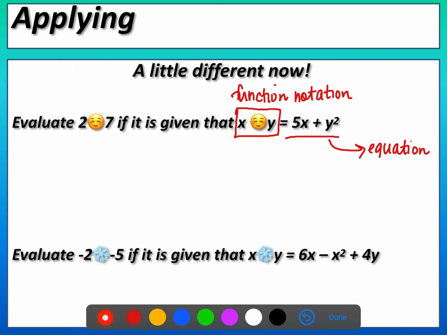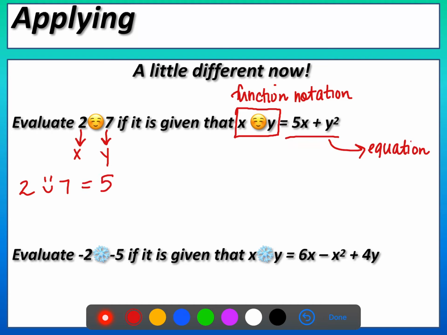as your equation. So if we have 2 smiley 7, that means the 2 corresponds to the x value and the 7 corresponds to the y. So anywhere in my equation of 5x plus y squared, I'm going to replace the x value with a 2 and the y value with a 7.